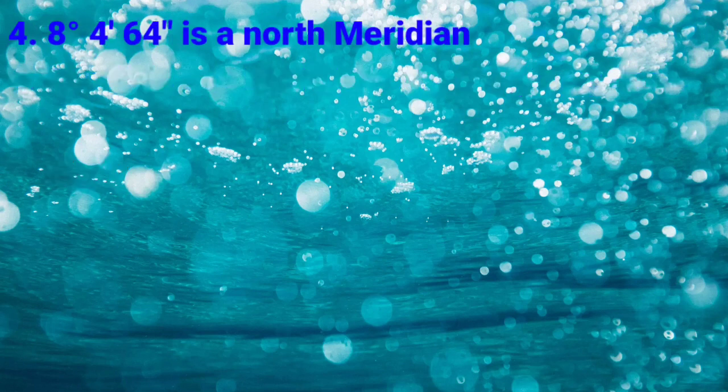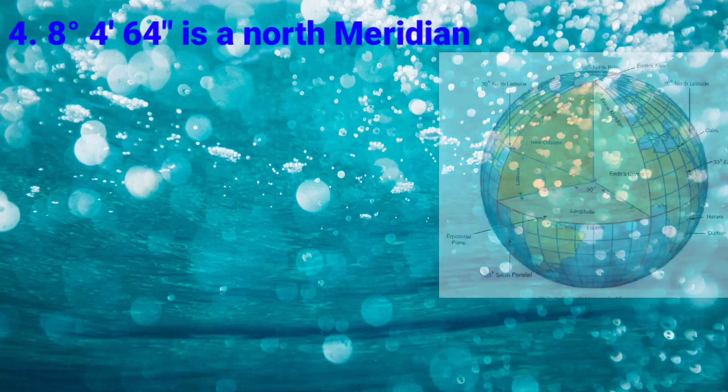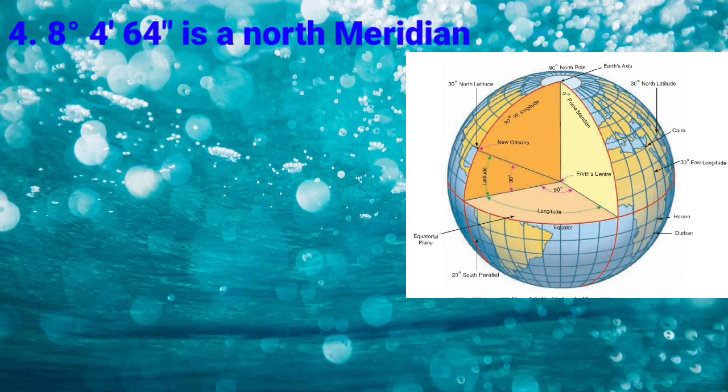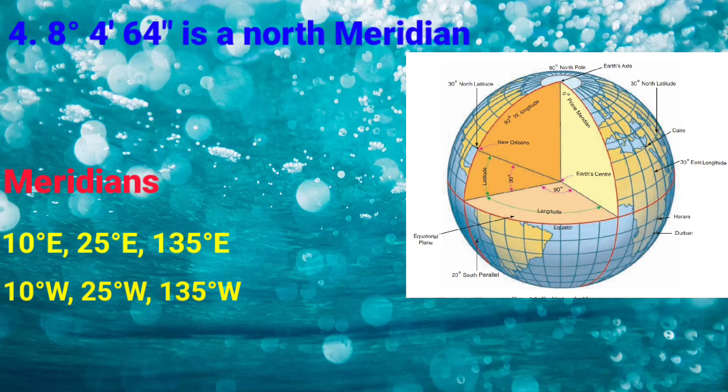Number 4. 8 degree 4 minutes 64 seconds is a north meridian. You can see in the figure that all the meridians are labeled as 10 degree east, 25 degree east, 135 degree east, or 10 degree west, 25 degree west, and 135 degree west.